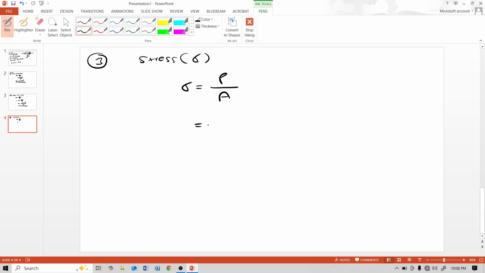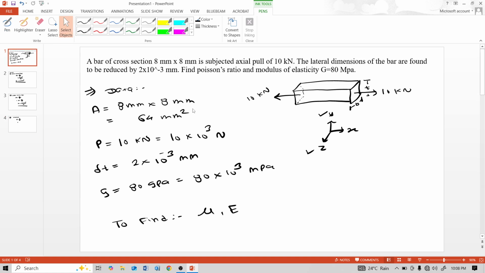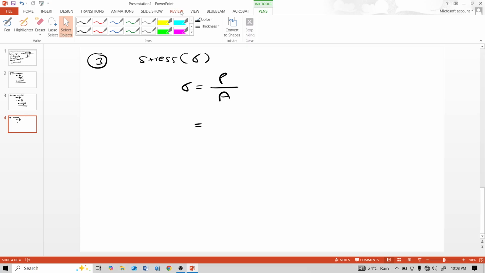Stress is load upon area, and load is 10 into 10 raised to 3 Newton, and area is 8 mm by 8 mm, 64 mm square. Stress is 156.25 Newton per mm square.